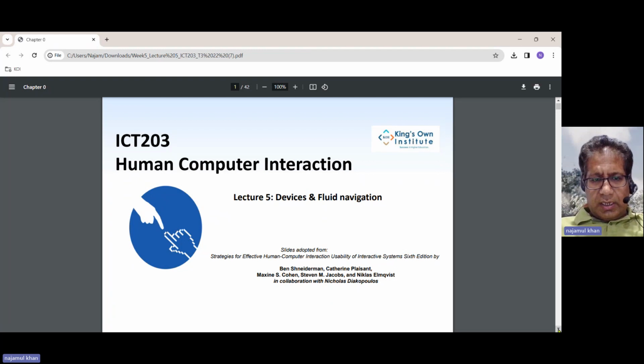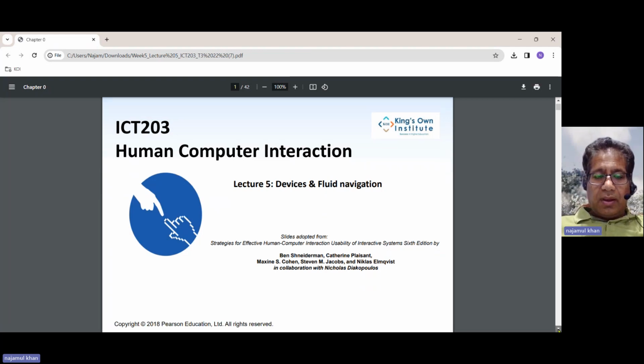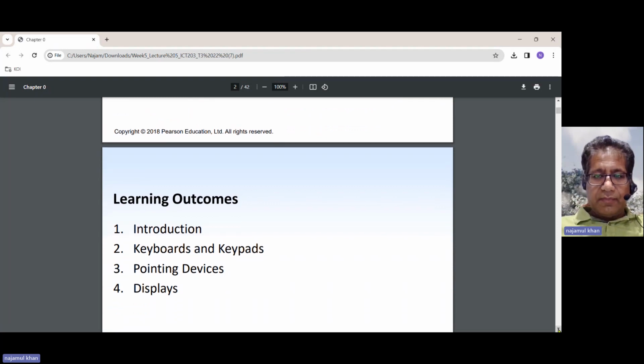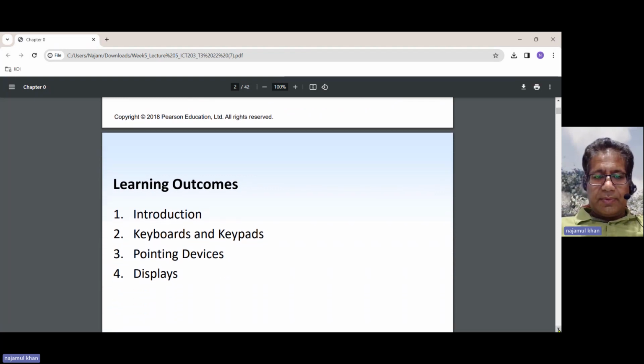This lecture class will focus on different devices and the different fluid navigation methods which are used in our class. Without wasting any time, we will just jump in. Some of the important topics we are going to cover are keyboards and keypads. Their importance is very critical in terms of how these devices are used to enhance user experience.